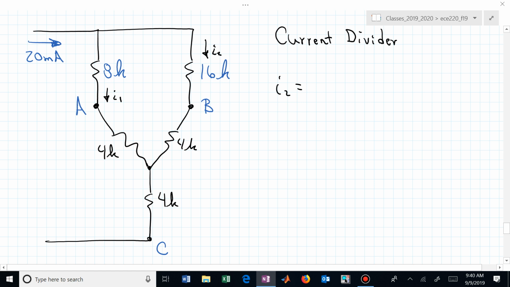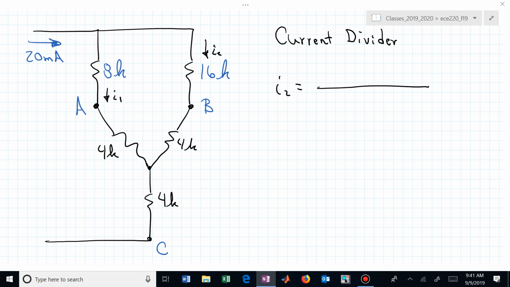Do you see that you can now apply a current divider between the two branches? You can really neglect the bottom 4K when you're doing this current divider because it's in common with both branches.